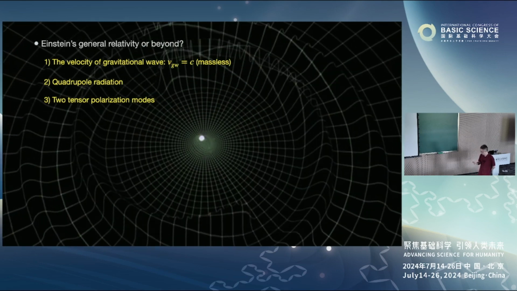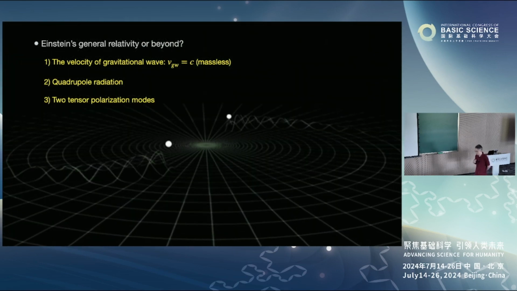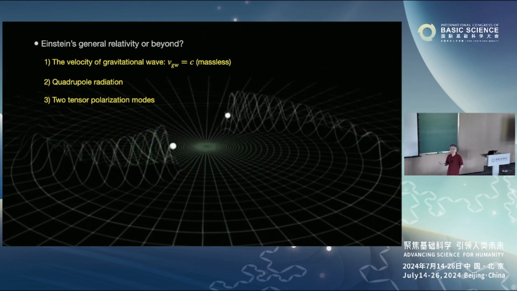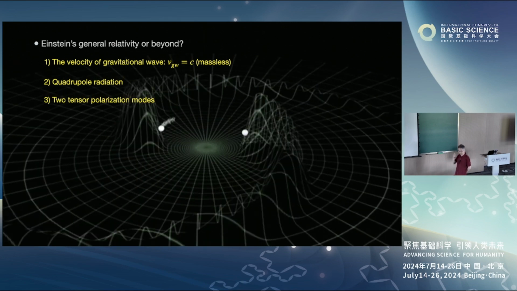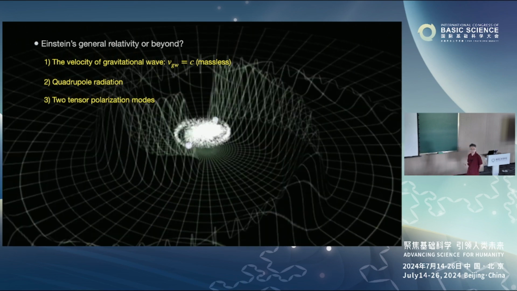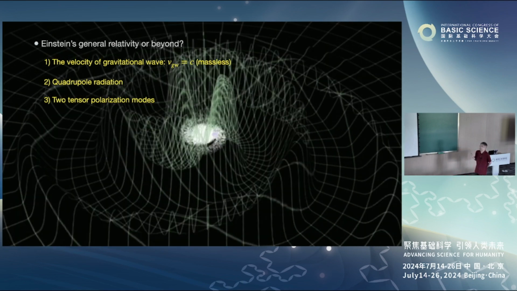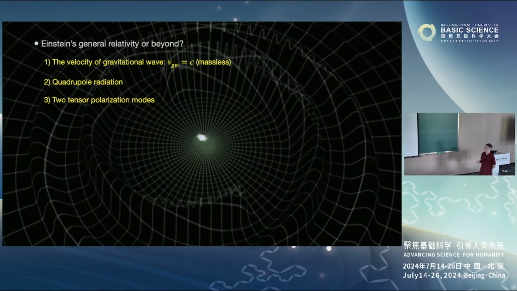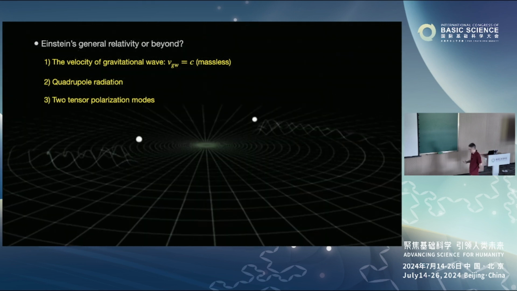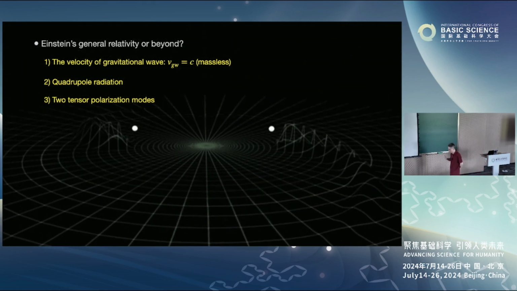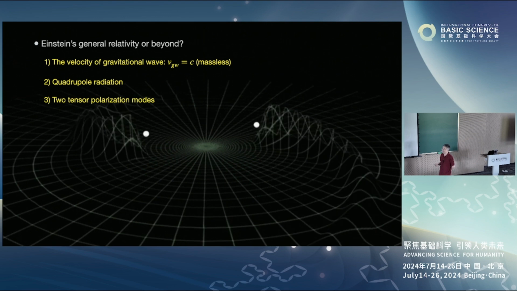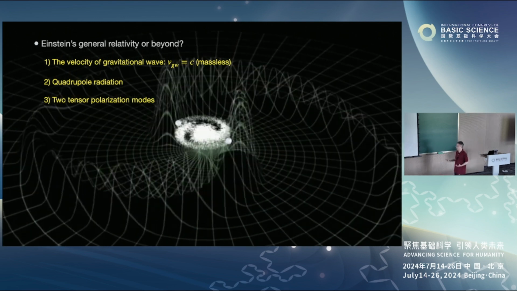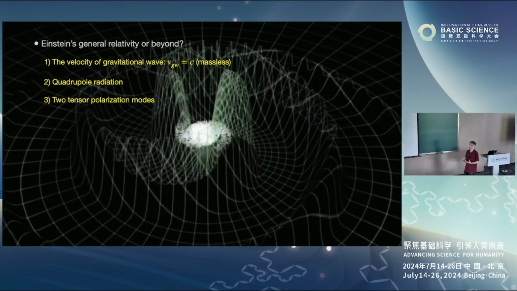The most important thing for us is that we know currently general relativity is the best theory for gravity. But we know general relativity is a classical theory. In fundamental physics, we also have another fundamental theory, quantum mechanics. And we know these two theories, general relativity and quantum mechanics, are not compatible with each other.